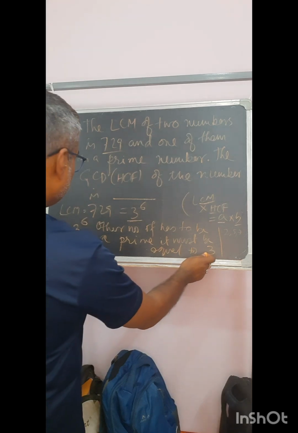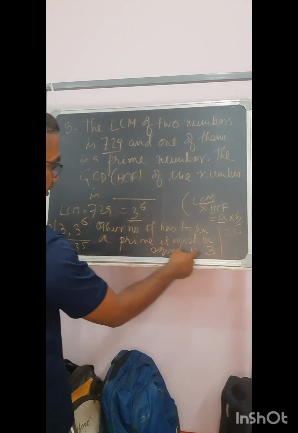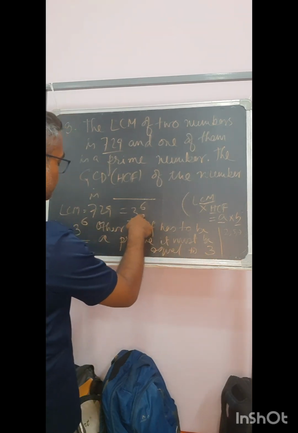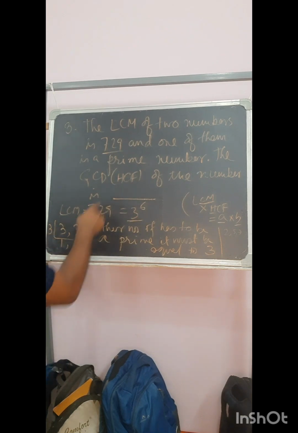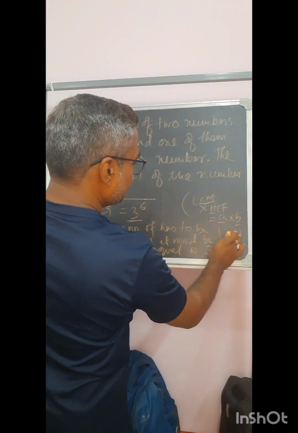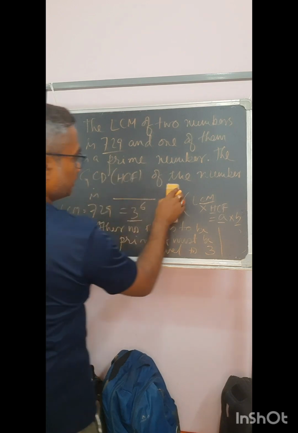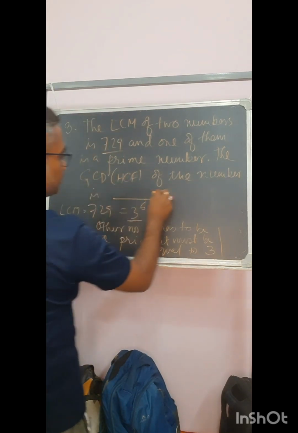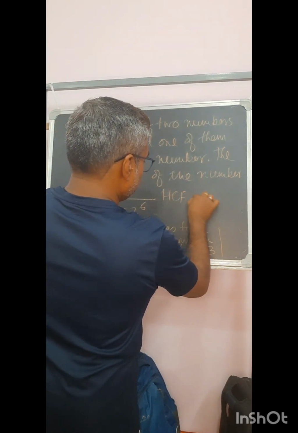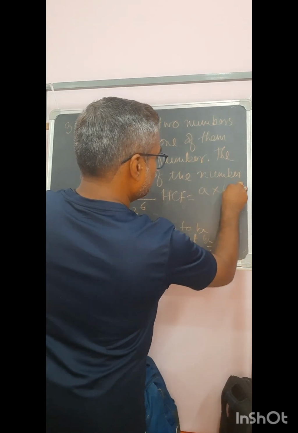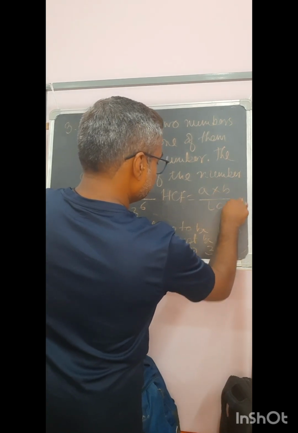Now, once I have this, one number is the prime 3, and the other number should be 3 to the power 6, then only will I get their LCM as 3 to the power 6. Once this is established, I can calculate the HCF from this, because HCF is equal to A times B divided by LCM.